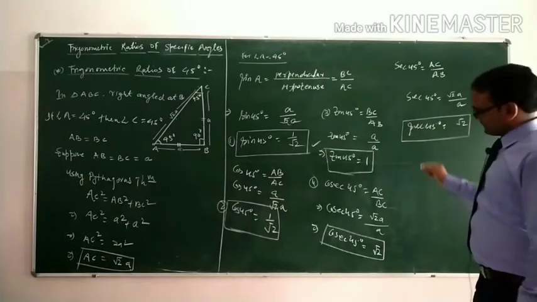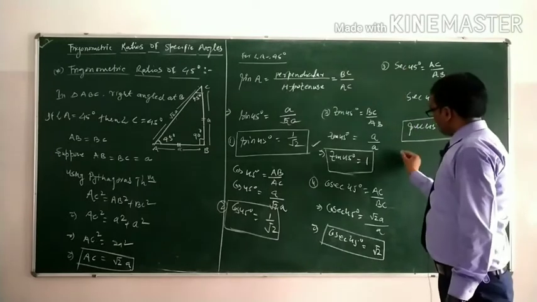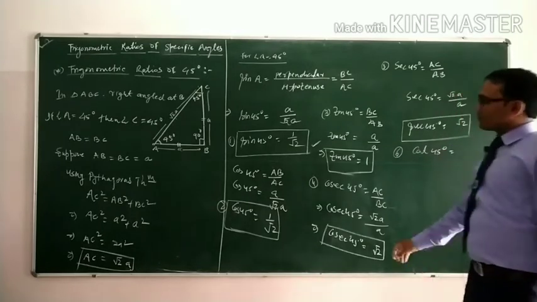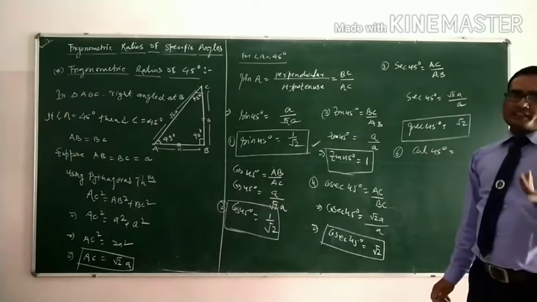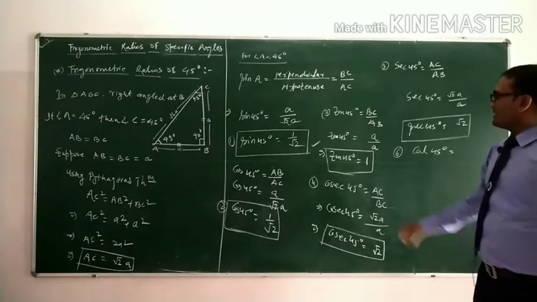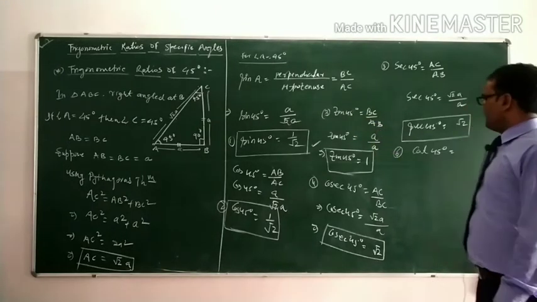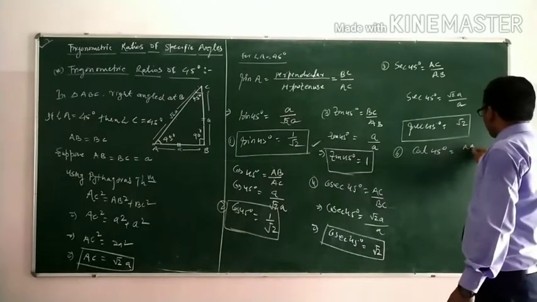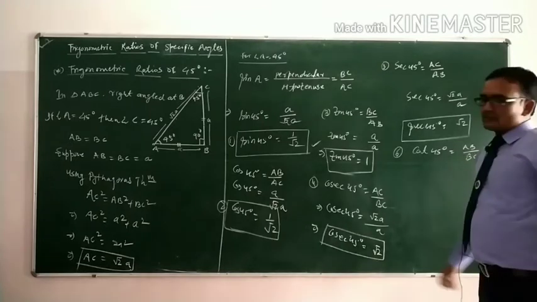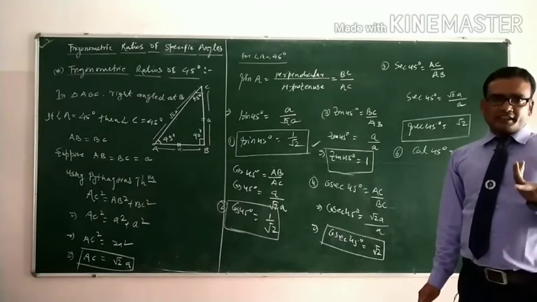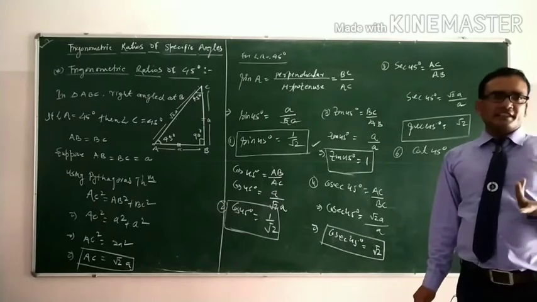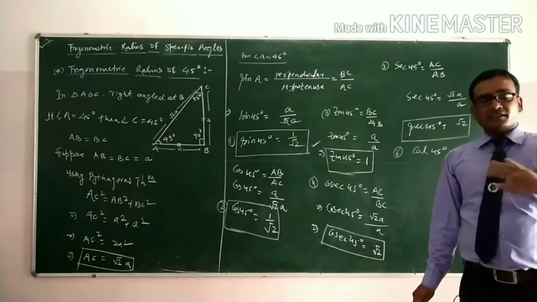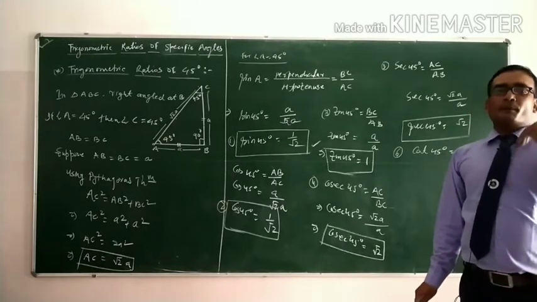And last is cot 45 degree. Cot theta is the reciprocal of tan theta. Here tan is BC upon AB, then cot 45 is AB upon BC. Tan theta is equal to perpendicular side upon base, then cot theta is equal to base upon perpendicular side.